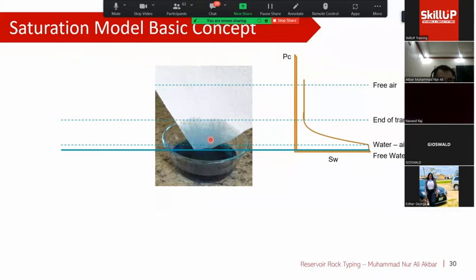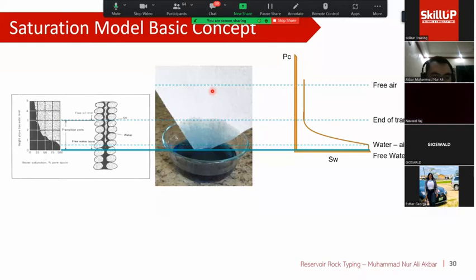And then with increasing height, we will have the transition of the water as well, and we can see the transition of the water here. It's related to the capillary pressure data. When we touch this one, we call it the end of the transition zone, and above this is the free oil that we usually connect with the irreducible water saturation.